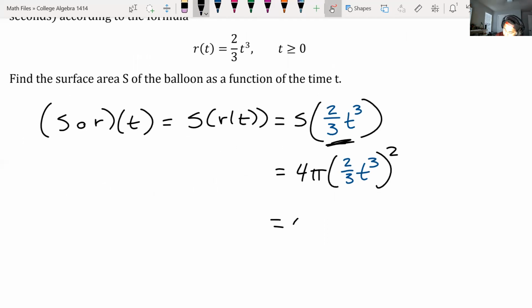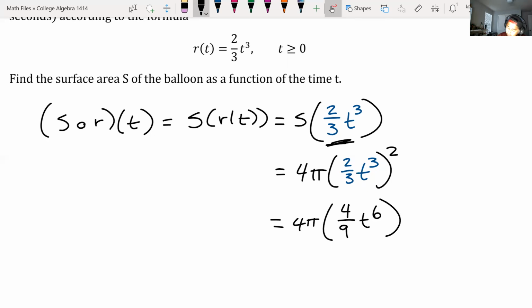Okay, so you'll get 4 pi. And what is 2/3 squared? Eight over 27. That would be cubed, right? Oh, sorry. So squared, 4 over 9. Very good. And what's t cubed raised to the second? That's going to give me t to the what? t to the 6th.